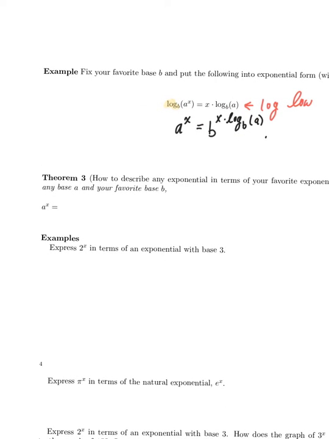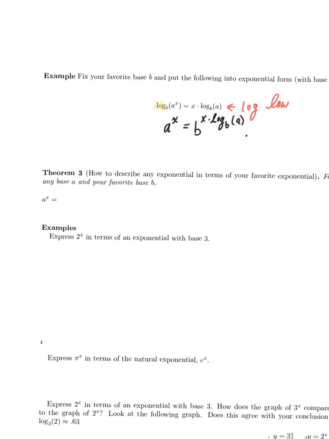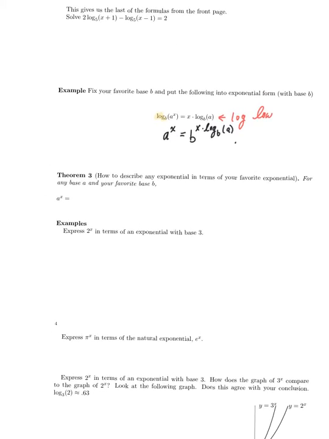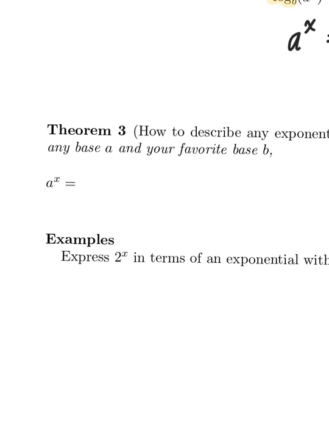So let's just state it. You can describe any exponential you like in terms of your favorite exponential. If your favorite exponential is the exponential with base 10, you can describe every exponential in terms of exponentiation base 10 at the cost of introducing a logarithm. a to the x is equal to b raised to the x times the log base b of a.